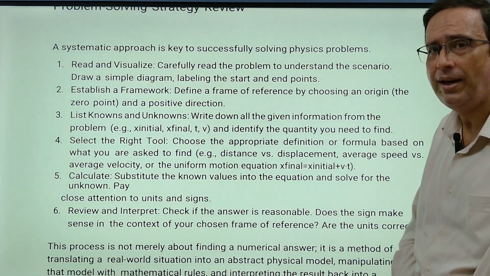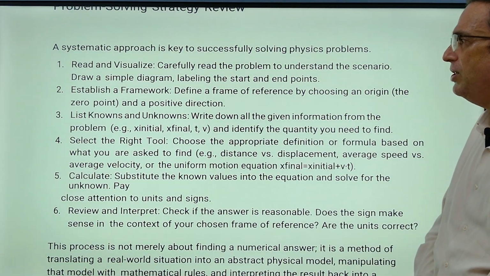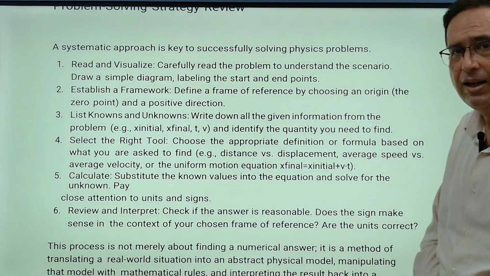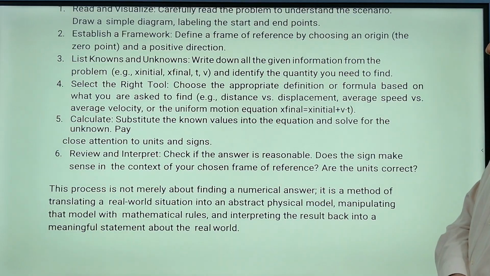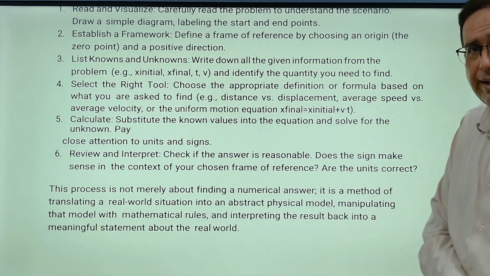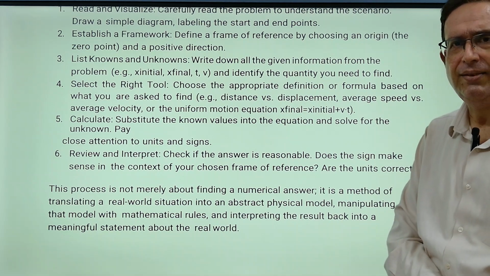Then list knowns and unknowns. What are the knowns? For example, initial position, final position, time, velocity, etc. These are the knowns. Then the right tools: you have to find out what formula you are going to use. In this case, the formulas that we have used are the three formulas that we have defined.